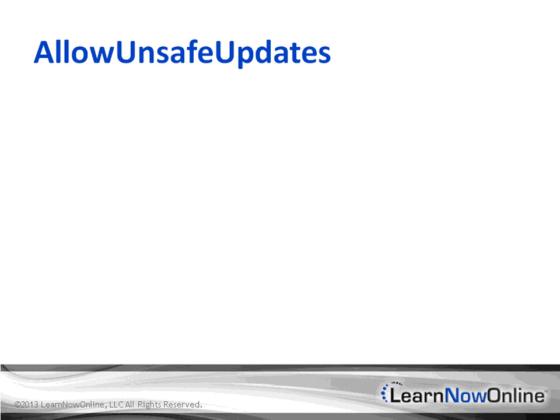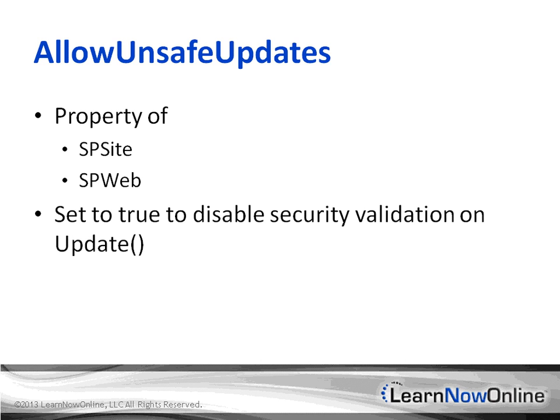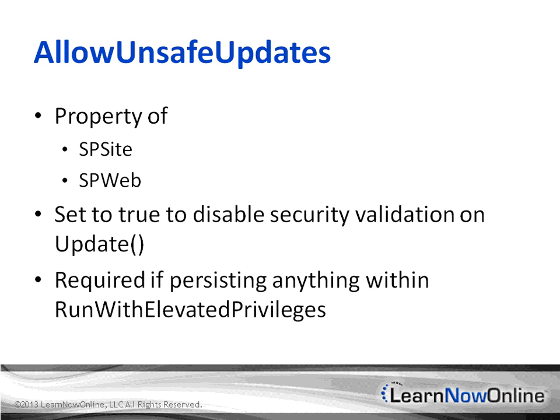On either the web or the list, whatever you're trying to update, there's a property called AllowUnsafeUpdates. For the web, we would set AllowUnsafeUpdates to true, and then once we're done, call Update. Right now, let's take a look at that. Let's fix the error that we had in the previous demo, and get it to work for that test user account so they can iterate through all the lists.